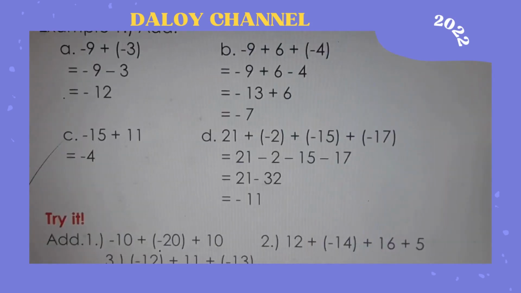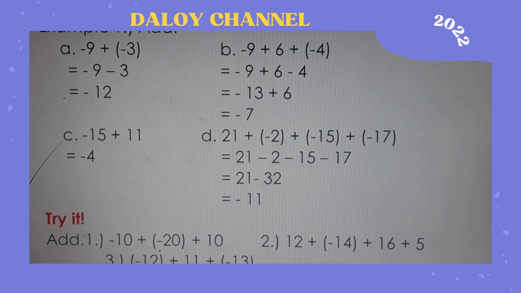To continue, example number 1. If we are required to add negative 9 plus negative 3, notice that a negative sign of 3 precedes a plus sign, meaning you are required to add. So the second term is subject to be simplified with the operation provided.